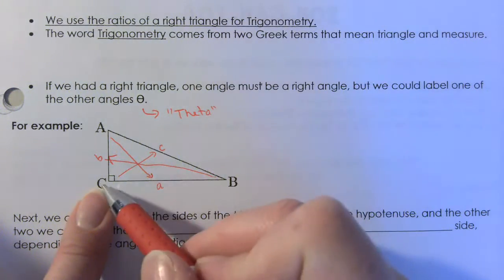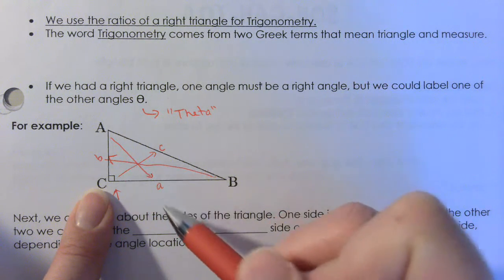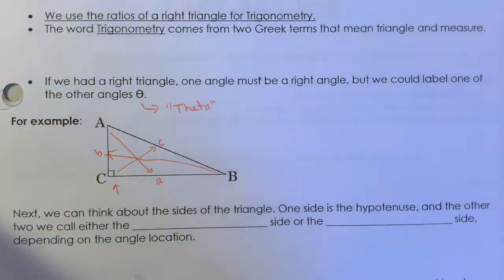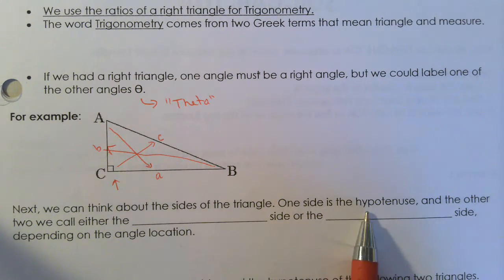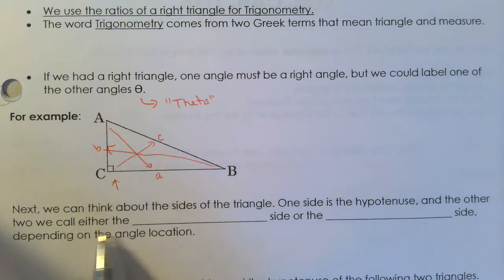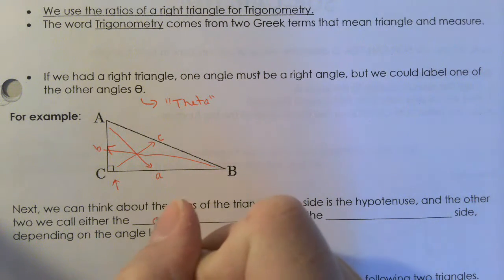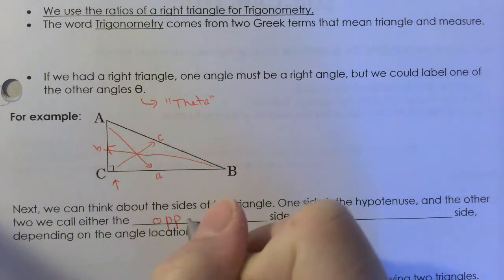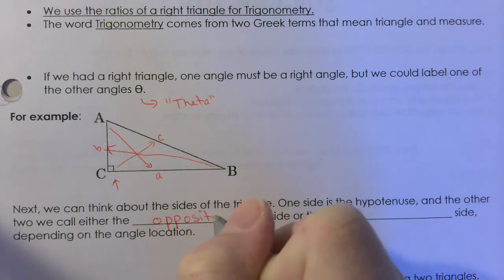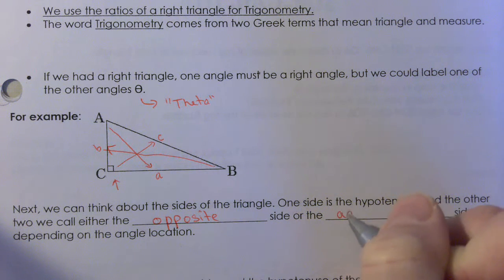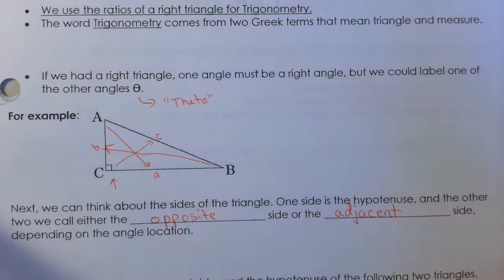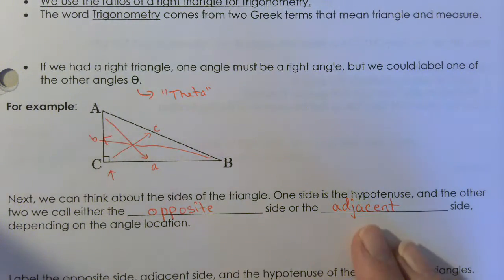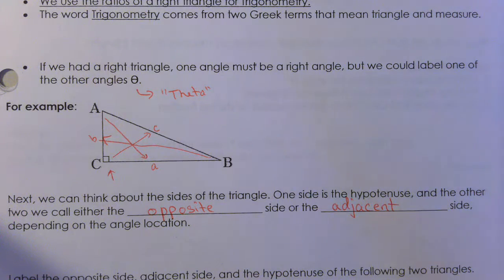Do we see the idea of opposite sides? Now, we do have to think about the sides of a triangle. One side is the hypotenuse, and the other two are called the opposite and adjacent. We do call them legs, but we're going to use opposite and adjacent sides. You can change which one's opposite and which one's adjacent by which angle we're looking at.